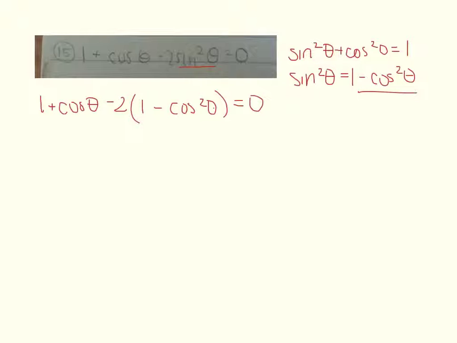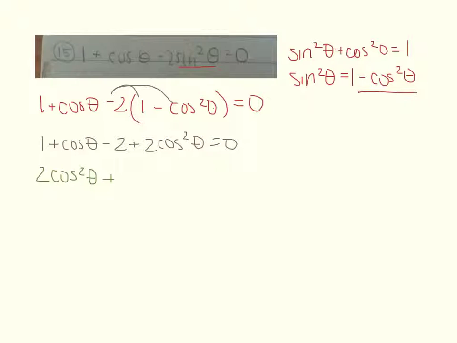The next step, we're going to distribute the negative 2, and we're going to have 1 plus cosine theta minus 2 plus 2 cosine squared theta equals 0. And rewriting, combining like terms, we have 2 cosine squared theta plus cosine theta minus 1 equals 0.